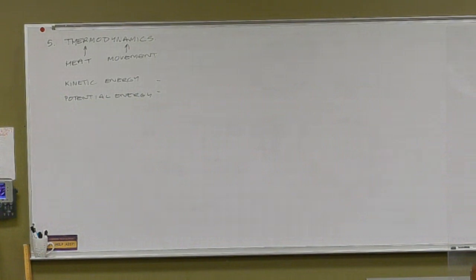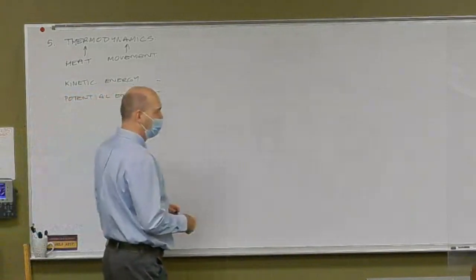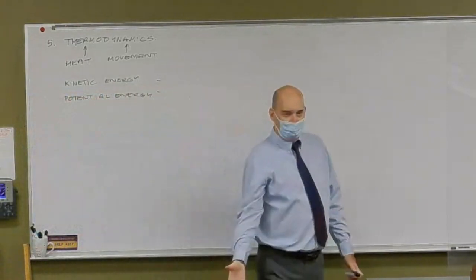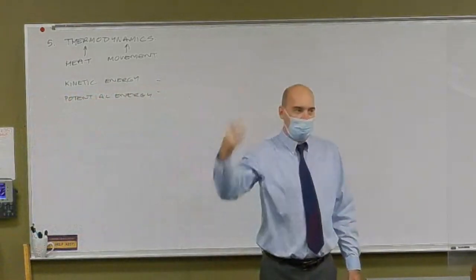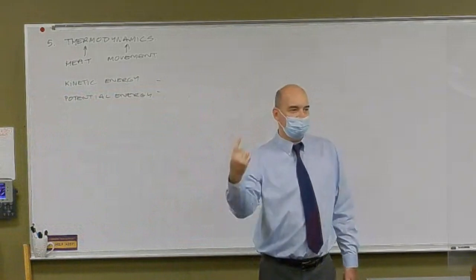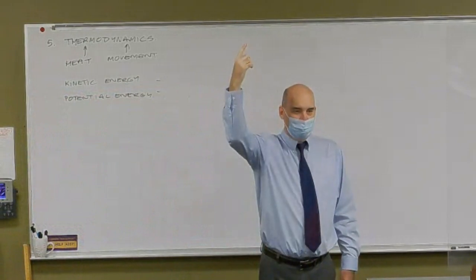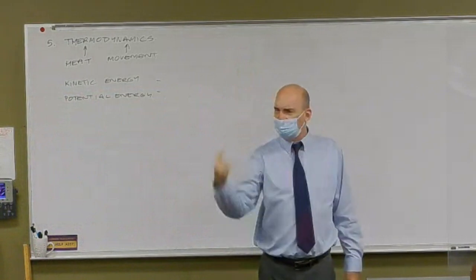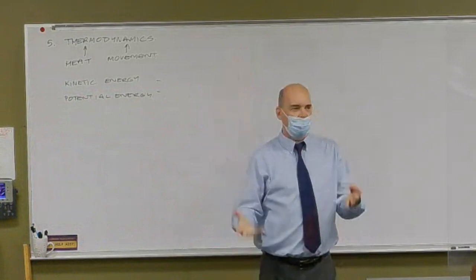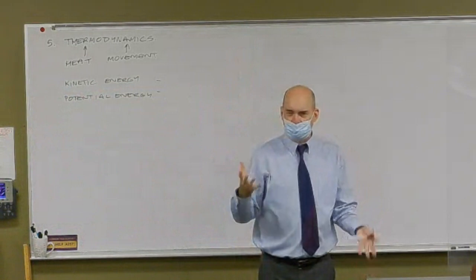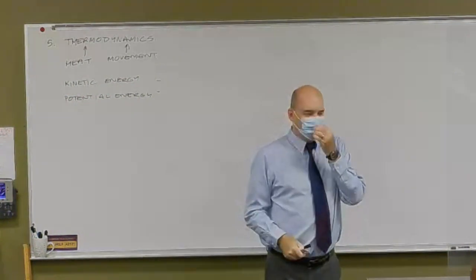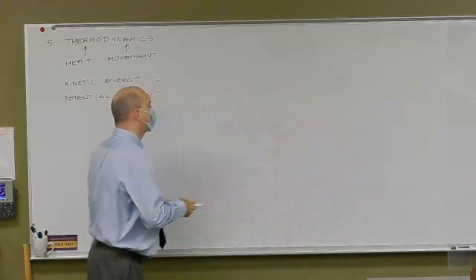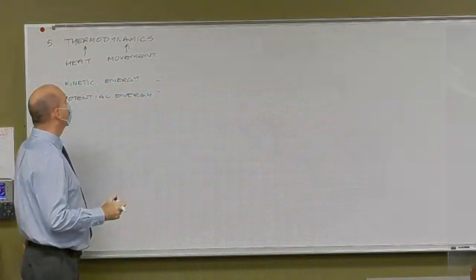Okay. And the example everybody gives in high school is you take a ball and you throw the ball in the air, and it loses potential energy on the way up, and then it gains it coming back down again. And there's a change in kinetic, and the kinetic and potential are always in balance, which is great for high school physics. It's a little bit more complicated than that in chemistry.